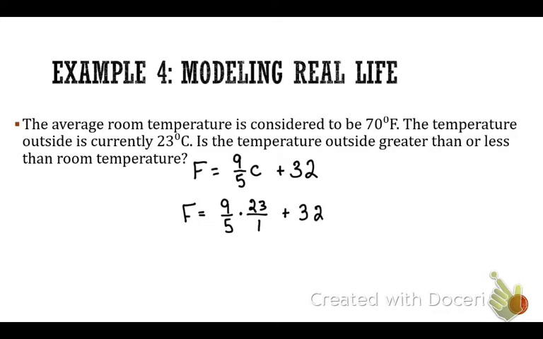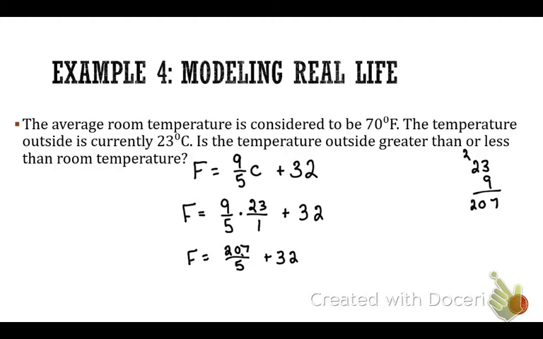Anything I can cross reduce? No. That's a bummer. So now I need to do 23 times 9. You might need to do it by hand. 23 times 9 is 207. So F equals 207 divided by 5 plus 32.